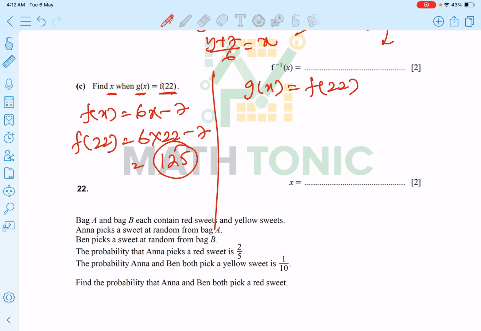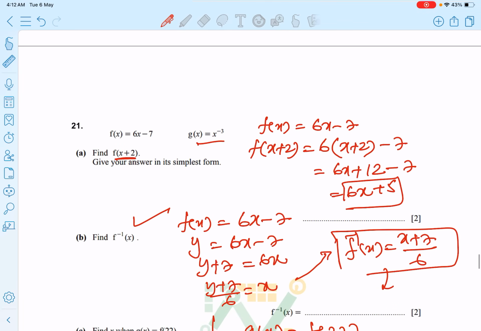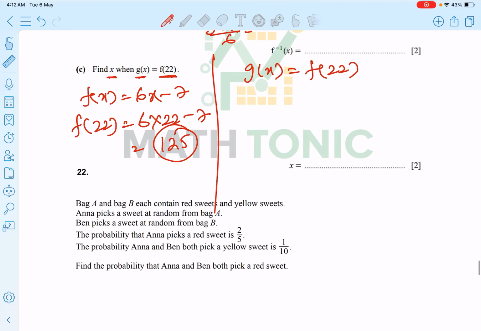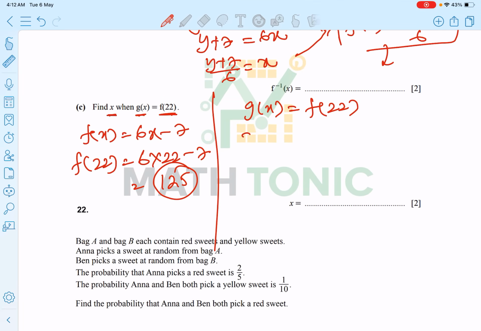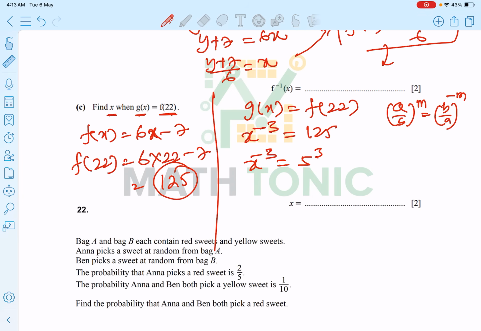What is g of x given as? This one, x power minus 3, right? So in place of g of x, I can write x power minus 3 equals, this one I got, 125. So can I say x power minus 3 equals 125, meaning 5 power 3? Is it okay? The law of indices says that if you remember, a over b power m, if you flip the fraction, the sign of the power changes.